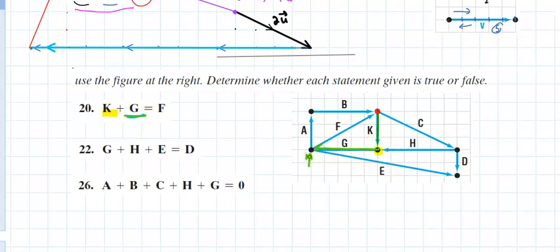Now I'm right there. And they're saying that's the same thing as F. What does F do? F will take this, and wouldn't F send it up that way? So this is false. Negative F would have been true.